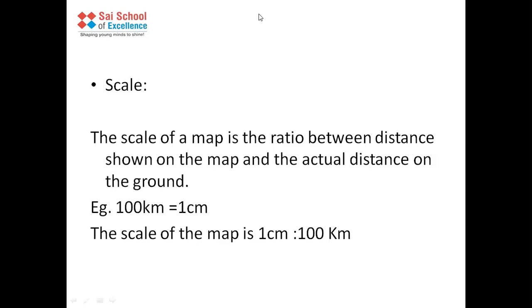Then the scale of the map is 1 centimeter is to 100 kilometers. On such a map, an actual distance of 500 kilometers will be shown as 5 centimeters. Okay, so basically this linear scale means what, children? It is a special kind of ruler on the map that is divided into equal units of distance.